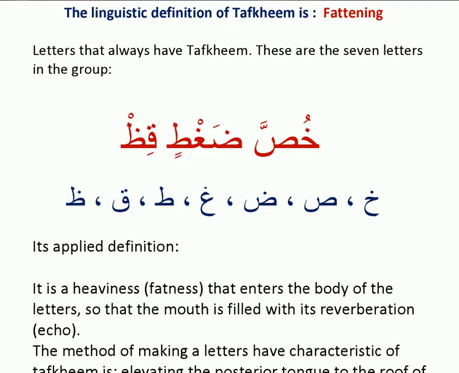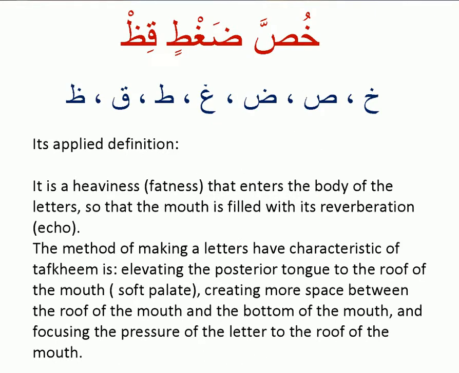We need to make sure that we pronounce these with a full mouth. And this slide has some technique on how to make sure your mouth has that fullness when you pronounce the tafkhim letters that we've studied.